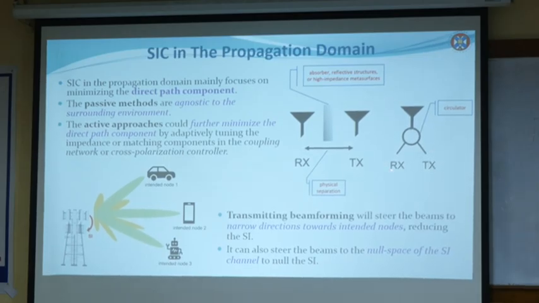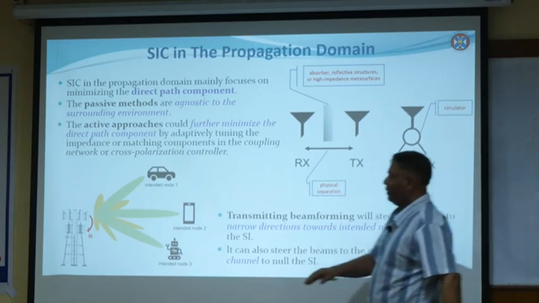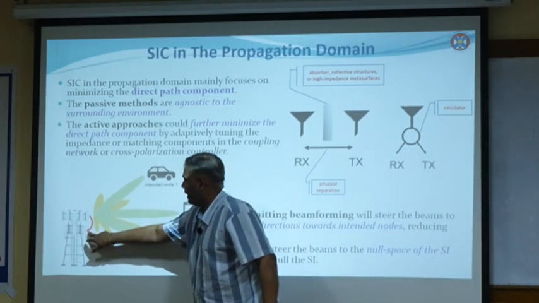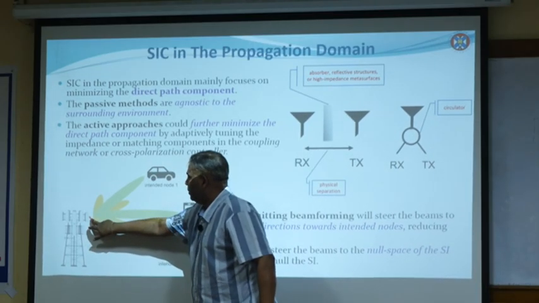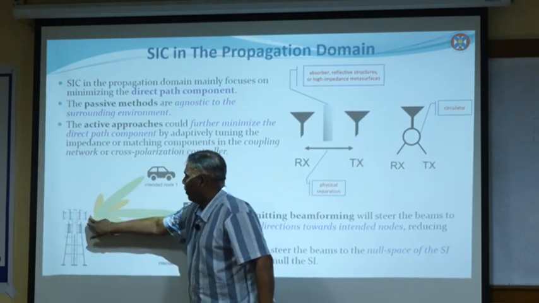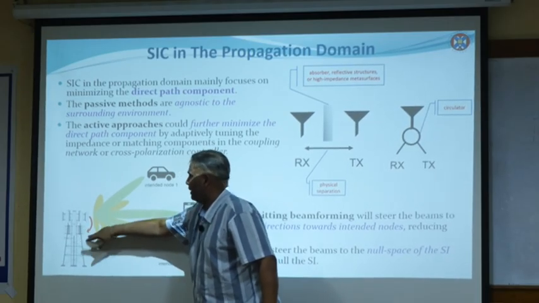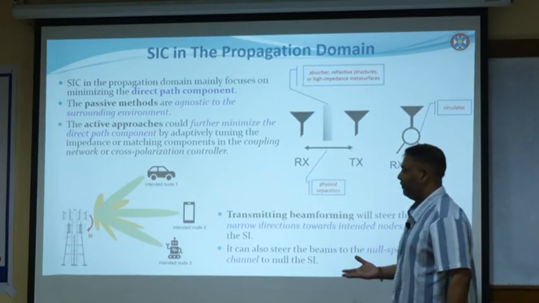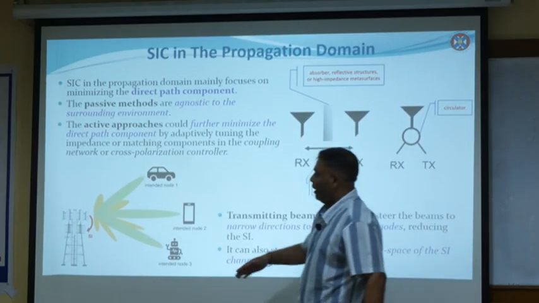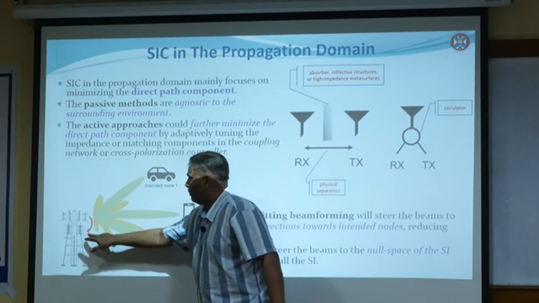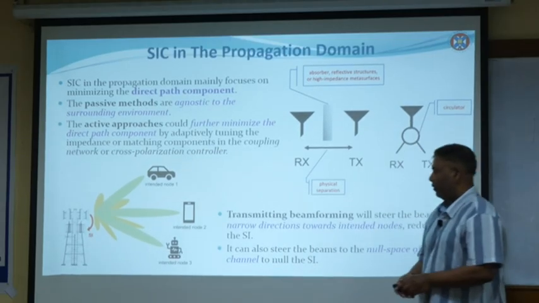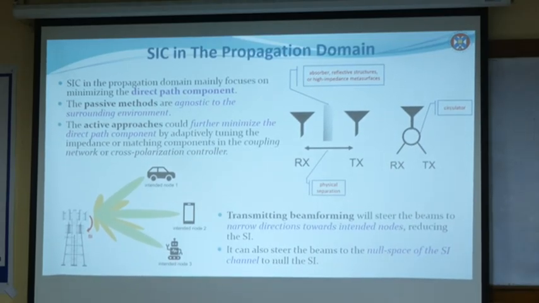Then transmit beamforming is another technique. This is the self-interference channel. You transmit orthogonal to the self-interference channel, or in the null space of the self-interference channel. By doing so, you won't cause that much self-interference.